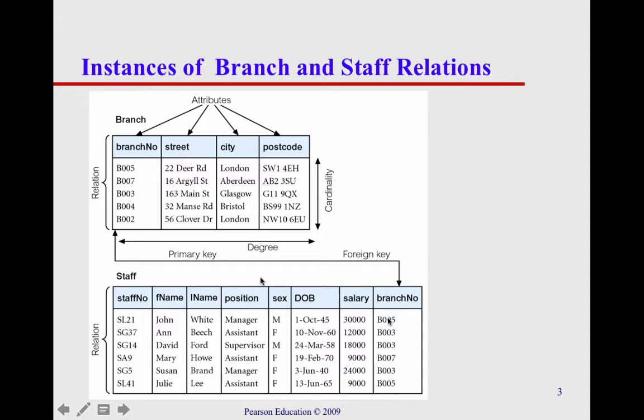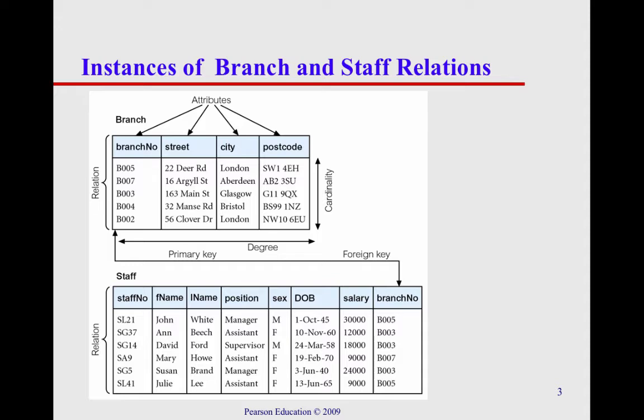So in this case, if we want to find out which street John White works on, we'd first find in the staff relation the branch number that John White works at, and then we'd use B005 to look up the corresponding branch, and we'd find that John White works at 22 Deer Road. So foreign keys are like navigation links, a bit like hyperlinks on the web. They allow you to jump, in effect, to another relation to find out additional information.